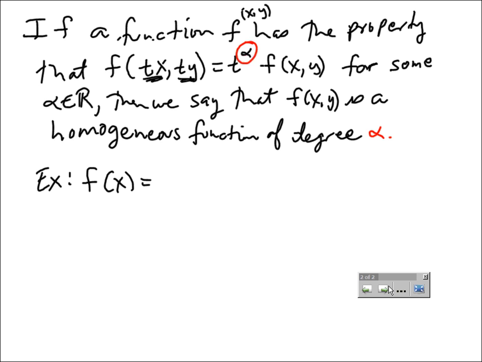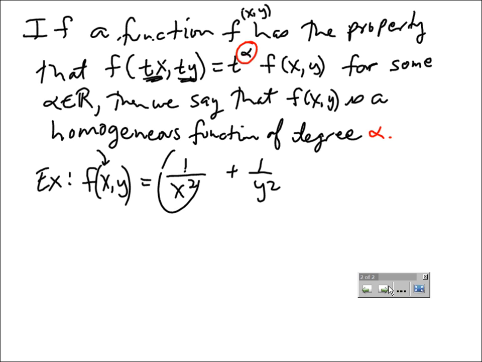Suppose f of xy is equal to 1 over x squared plus 1 over y squared. So basically, if you do 1 over the first entry squared, and you do 1 over the second entry squared, and you add them, that's f of xy.